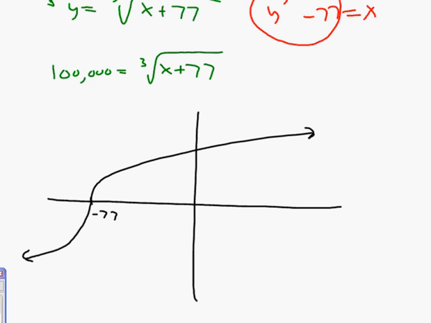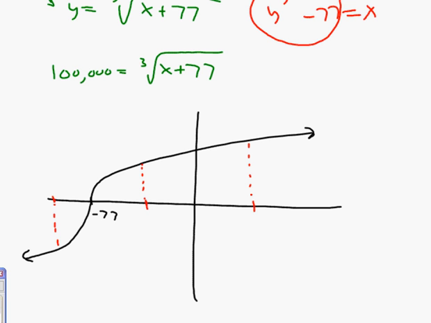The question you should ask yourself is, what x values have y values to go with them? And so, you start looking on the x-axis. Does this x value, whatever it is, have a y value? Sure it does. It's right up there. Does this x value have a y value? Sure it does. How about this x value over here? Yep, down here. So you can keep playing that game. Wherever you go on the x-axis, there'll be a y value above or below that goes with it. So that means the domain is all reals.